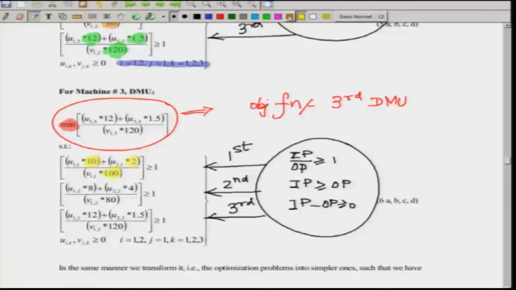Correspondingly, 8 and 4 are for the inputs for the second DMU, and 80 is the output related conversion factor for the second DMU.